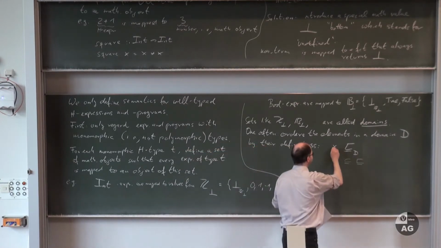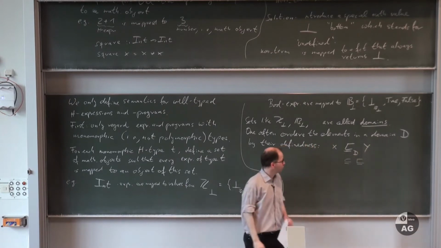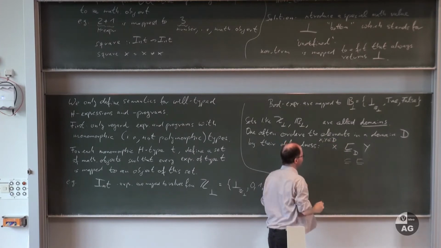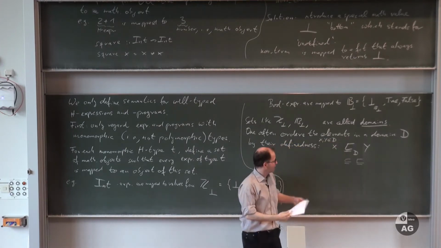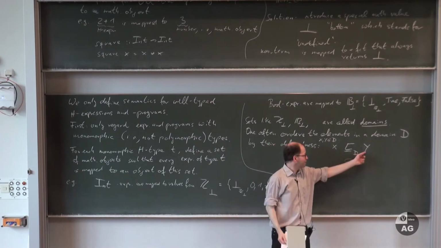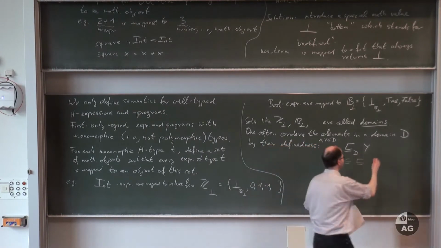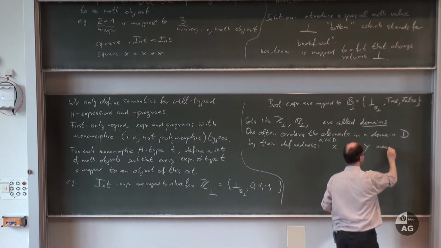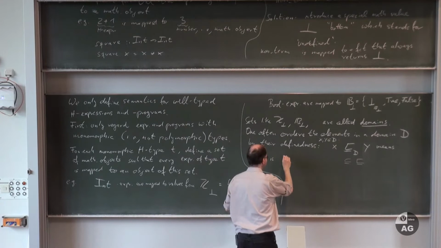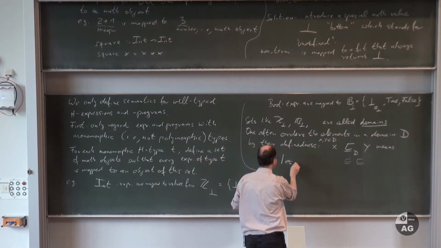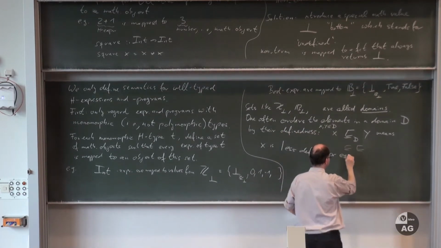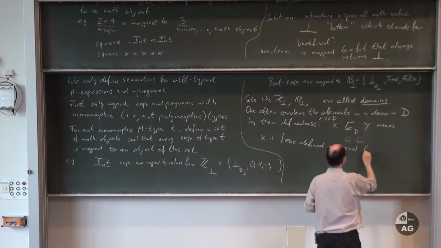And we say that X stands in this relation with Y. So if X and Y are elements of the domain D, then this means that X is less defined or equal to Y. So this is more defined than that. So this means X is less defined or equal to Y.